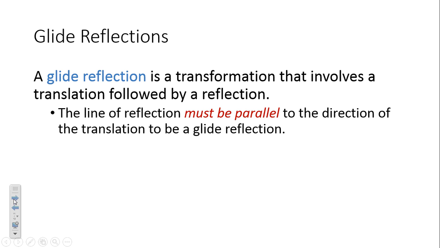A glide reflection will be a rigid transformation because a translation is rigid, a reflection is rigid. We're not changing the size, shape, or the angle measures.